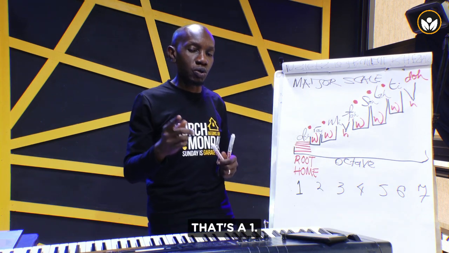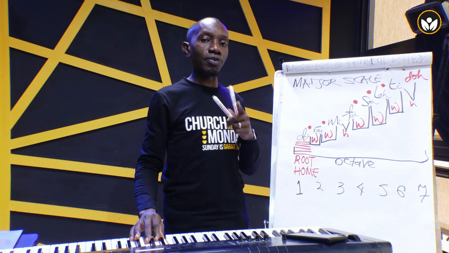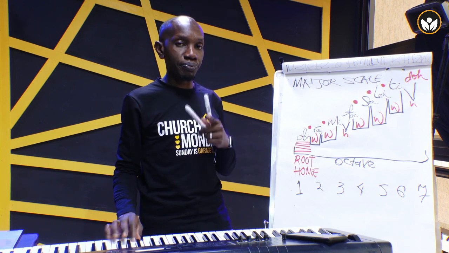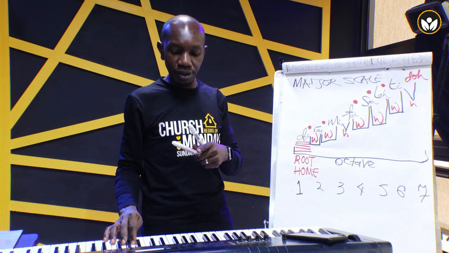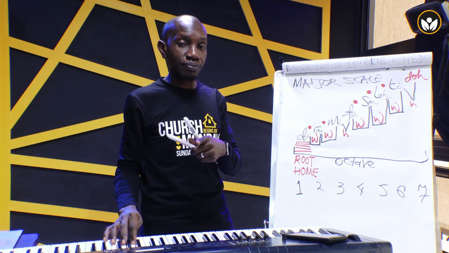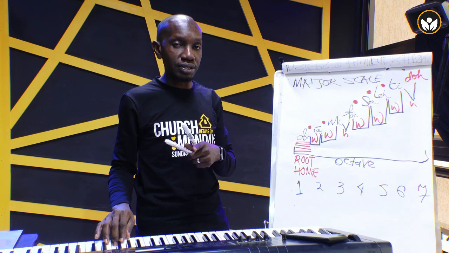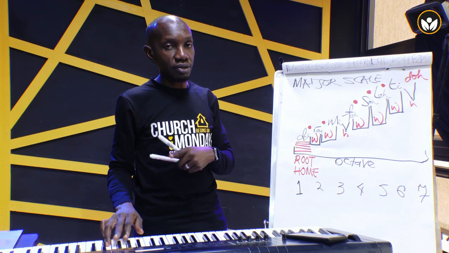Where you have the do, that's a one. The re is a two, the mi is a three, the fa is a four, and then you have the five, which is the sol, six is the la, seven is the ti, then do.